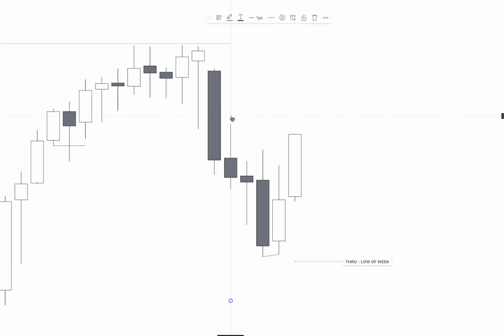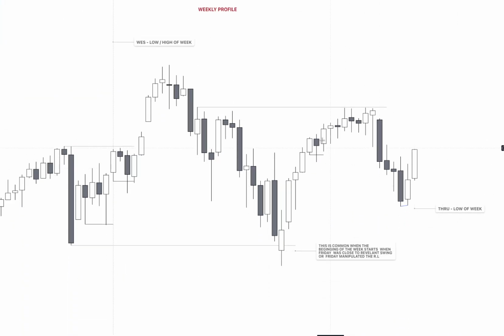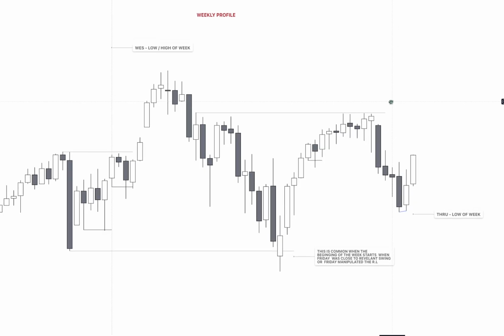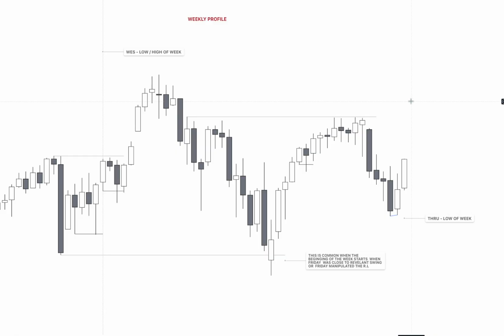That's another one. Weekly profiles, we don't really use them as much, but it's also good to know, because if the low of the week happened on Monday, then you can easily anticipate the following day to expand away from that low.